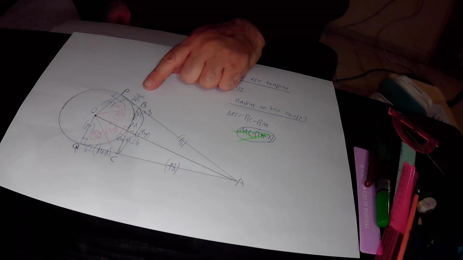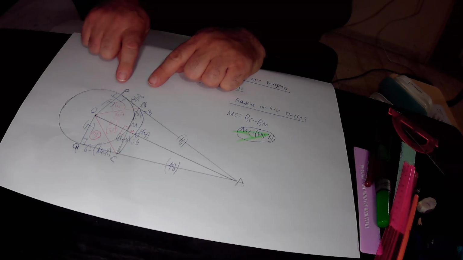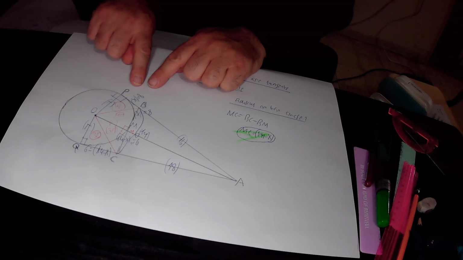The area of this small triangle OPB equals the base PB times the height PO over 2. PB is 8, times the height PO, that is R, over 2. So in total, the area of this triangle PBO equals 8R over 2, that is 4R.